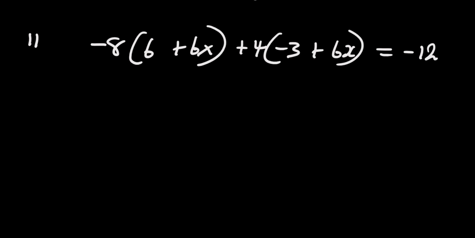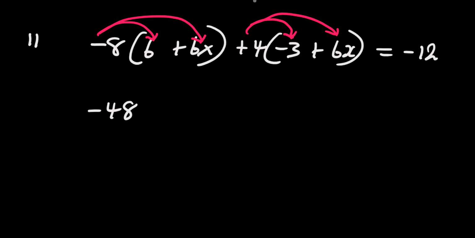As usual, we have to clear the parentheses. That is the first step. So we can do that by distributing negative 8 into the content of the parentheses, and also distribute positive 4 into the second parenthesis. So negative 8 times 6 would give us negative 48, and negative 8 times positive 6x will give us negative 48x.